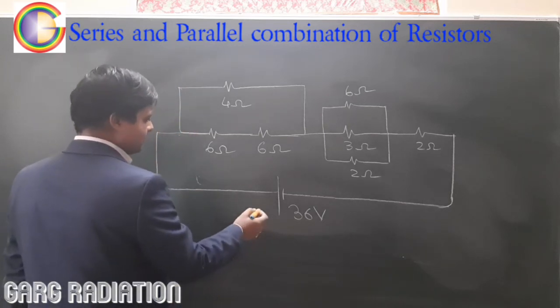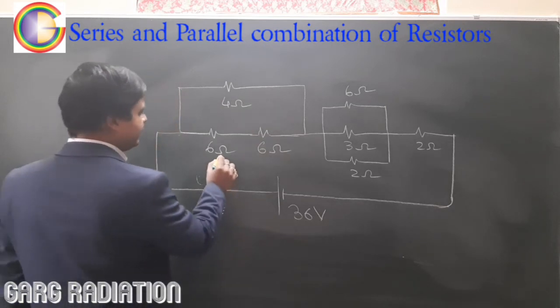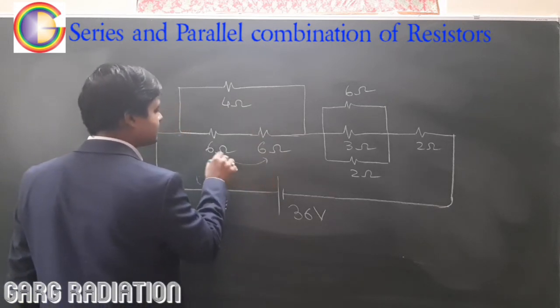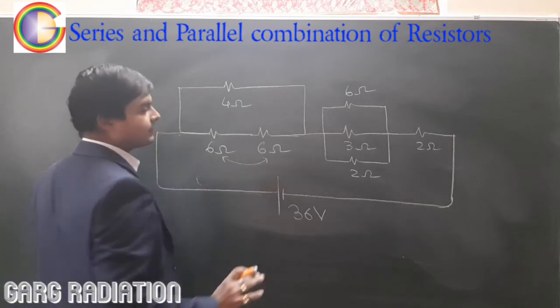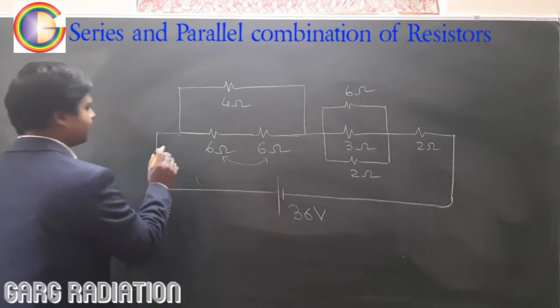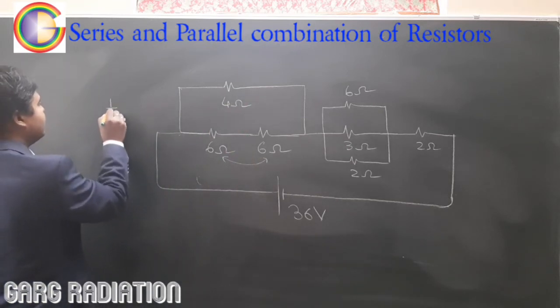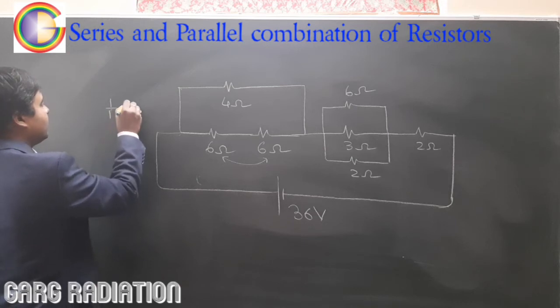Now, first of all, we will find R equivalent. These two are in series, so we will get them as 12 ohm. The R equivalent will be 12 ohm, and then 12 and 4 are in parallel. So 1 by 12 plus 1 by 4.